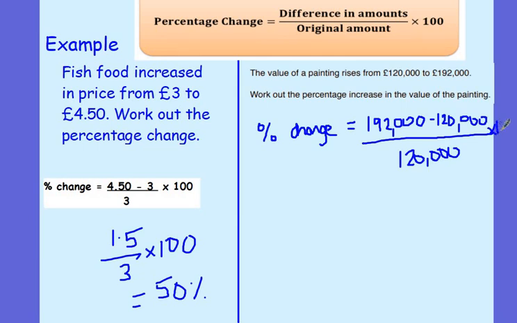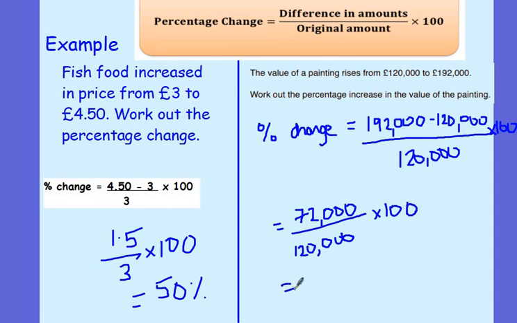Multiply everything by 100, which gives me 72,000 over 120,000 times 100. Take out my calculator. 72,000 divided by 120,000 times by 100 tells me that the painting has increased by 60%.